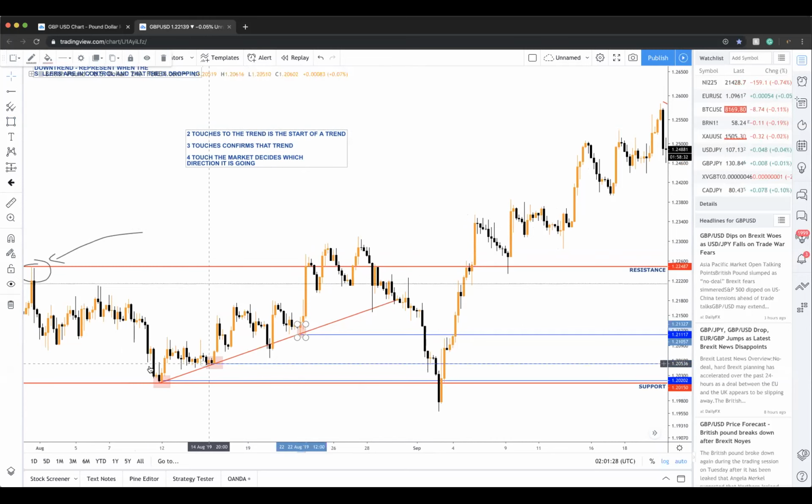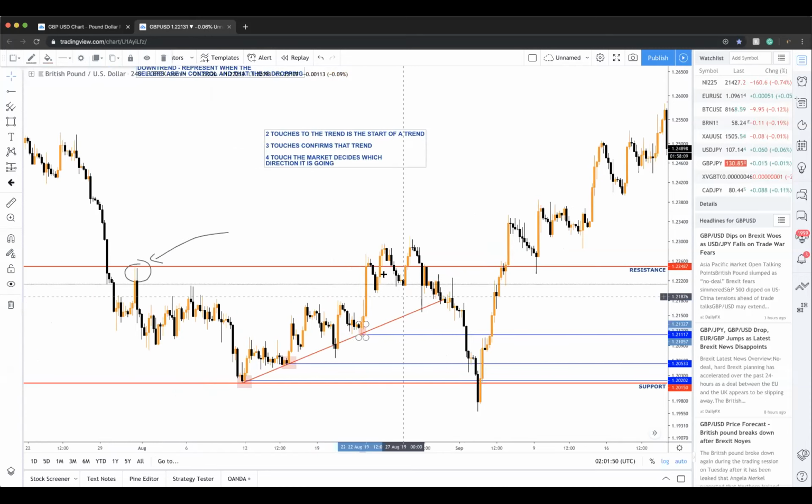This signaled to us that this was the start of an uptrend. The third touch confirmed that it was the uptrend, so we have 1, 2, 3, confirming this is an uptrend. On the fourth time the market approached the price, it couldn't break it, but then because of the resistance here, the market started to go down. Type 1 if you understand that. Type 0 if you have any questions.